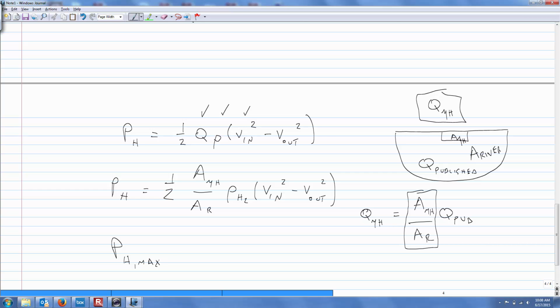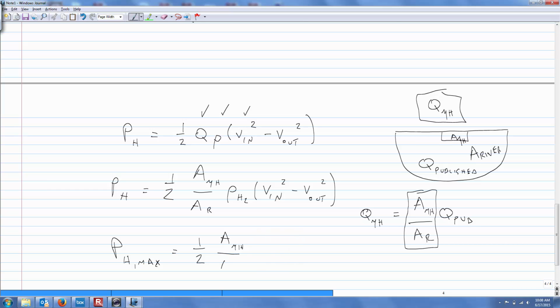You can also write it this: power, hydro, max. The max you could get is going to be 1/2 area micro hydro, and you'll have two separate ones. You'll have the area of your impeller, and then you also have the area of your paddle wheel, right? So you can do this twice for both different technologies.